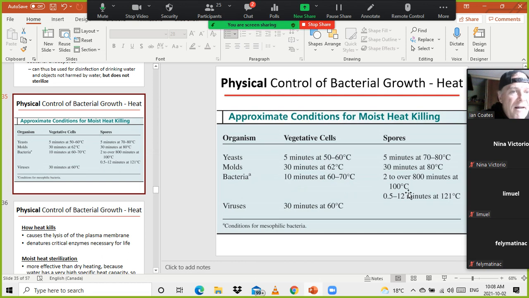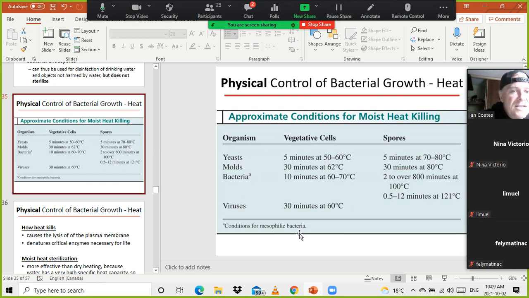But look at the spores: 2 to over 800 minutes at 100 degrees. It's crazy. How many hours is that? It's about 13 hours. Boiling something for 13 hours at 100 degrees, and maybe we'll get those spores. Crazy, eh?